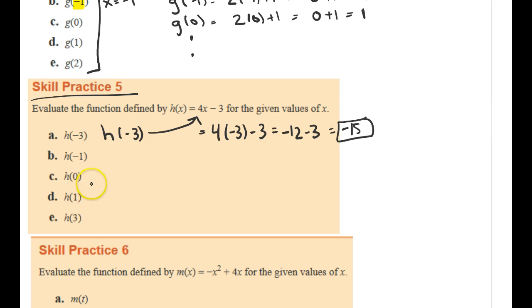Now do the next four by plugging into the function. What would h of minus 1 be? H of 0, h of 1, and h of 3.